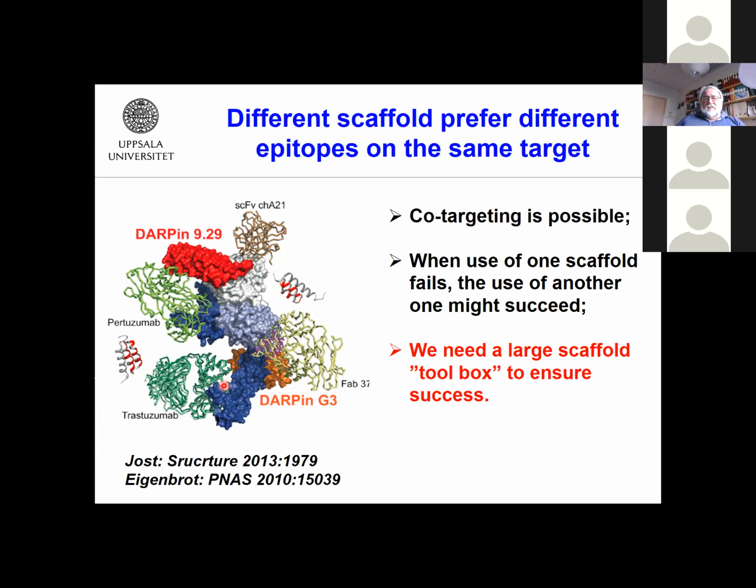So that means that you could use co-targeting. You can target the same target on cancer cells independently without interfering with each other's binding. And that has a special value if you target for therapy.